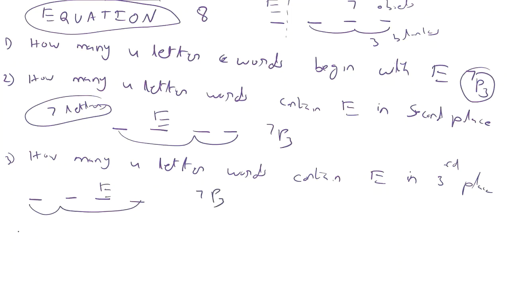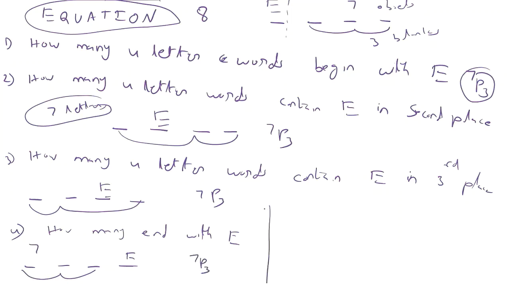Similarly the fourth question: how many end with E? End with E means we have to fill the last blank with E. After that, we are left with 3 blanks and 7 objects. Therefore the number of ways of filling these 3 places is 7P3.